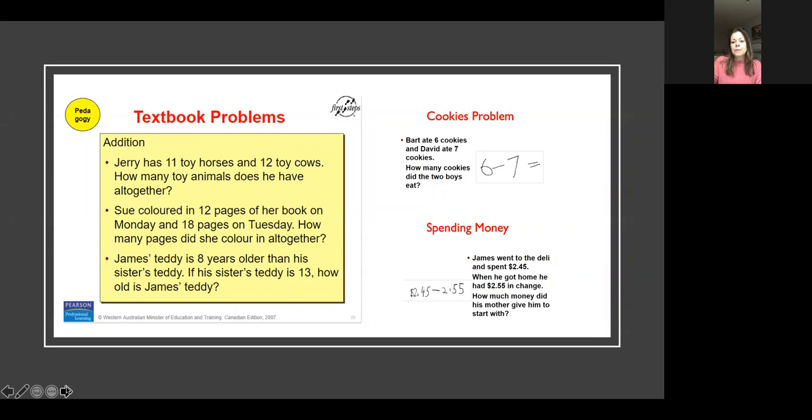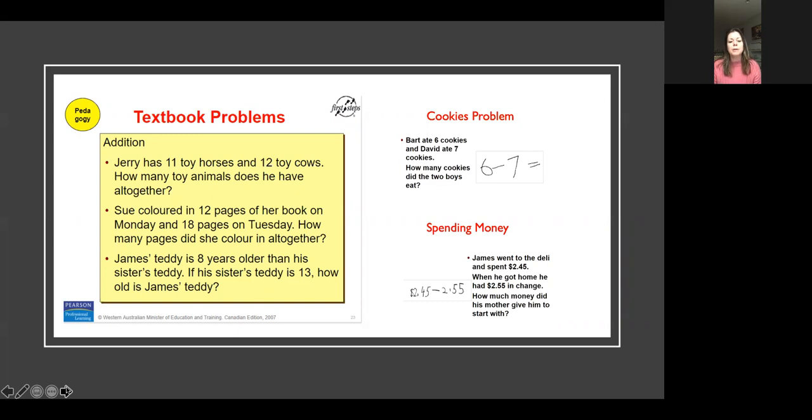The point with the example on the left-hand side is that in the past, in those types of resources that we have used, we've taught students what operation to use based on how the problem is structured. And in this example, it actually tells students what to do. There's no thinking involved. So it says addition.